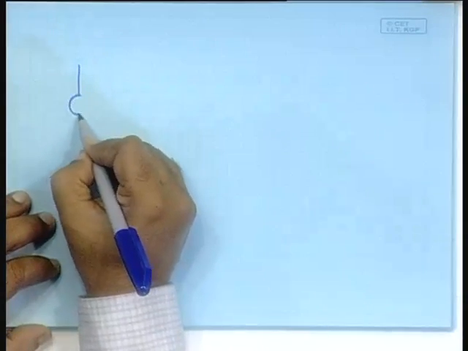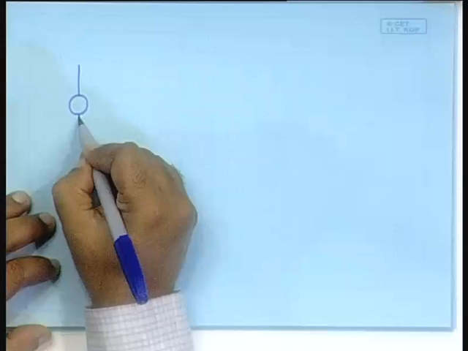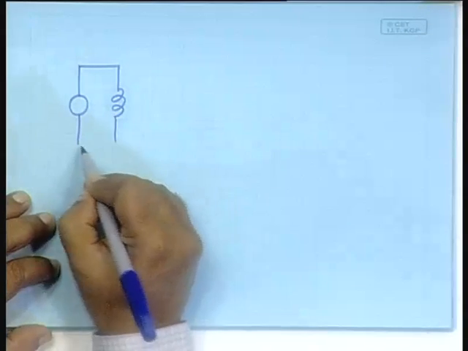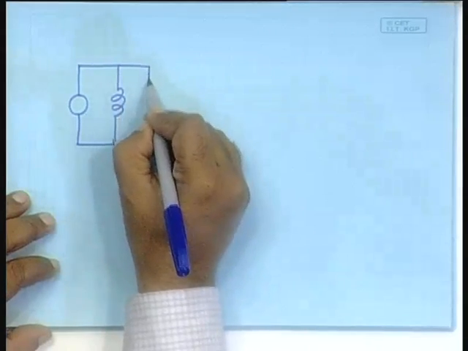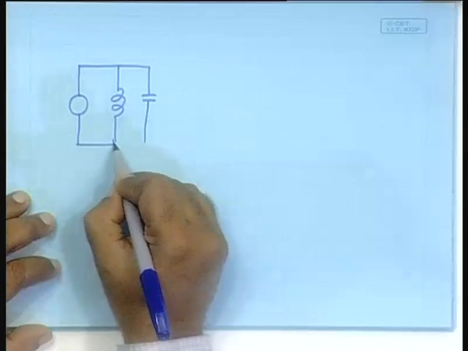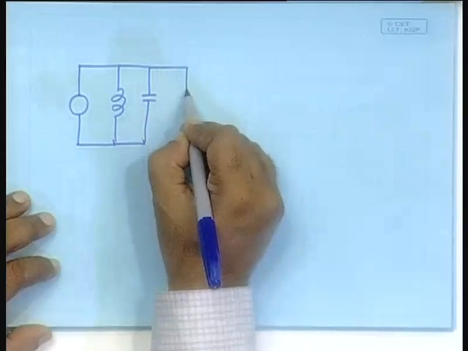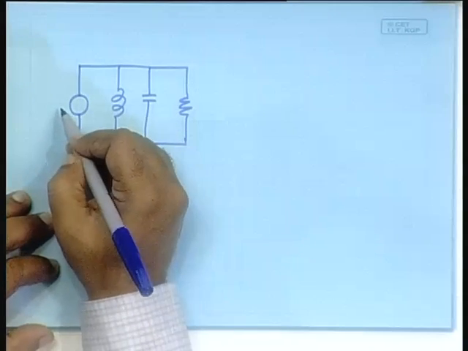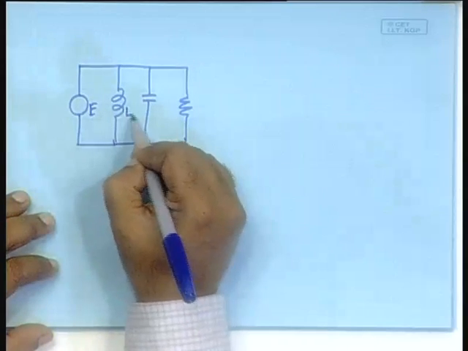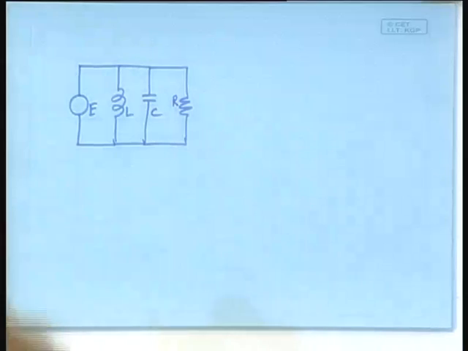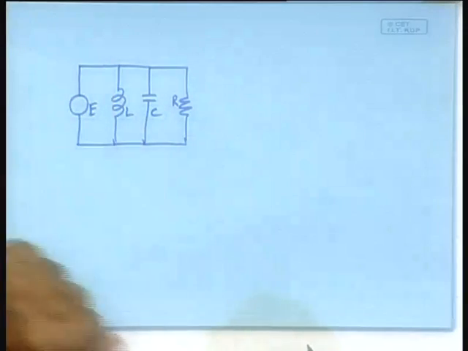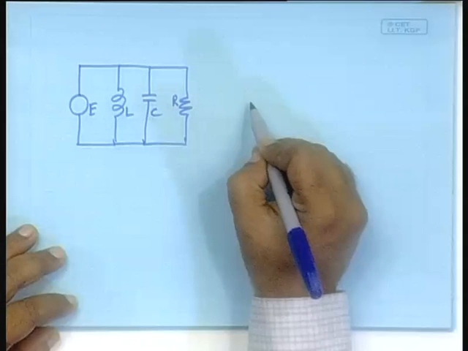Let us come to a similar circuit. This is the E L C R circuit. In this case also these elements are interconnected in a specific way, and we will do it in a similar way.